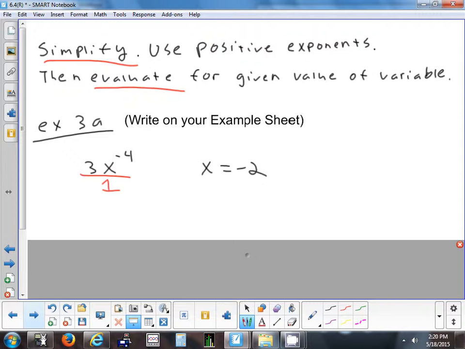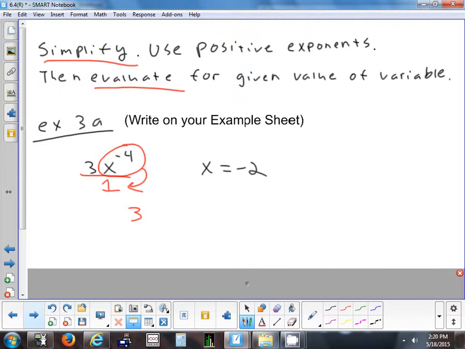Okay, what has to move here? x to the negative 4. Where does it have to move to? Bottom. Okay, so I'm going to be left with 3 over x to the 4th.